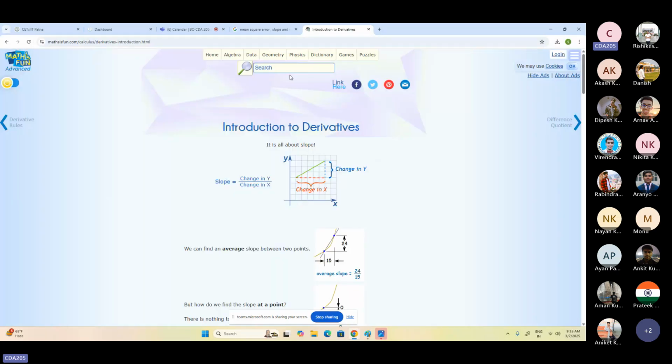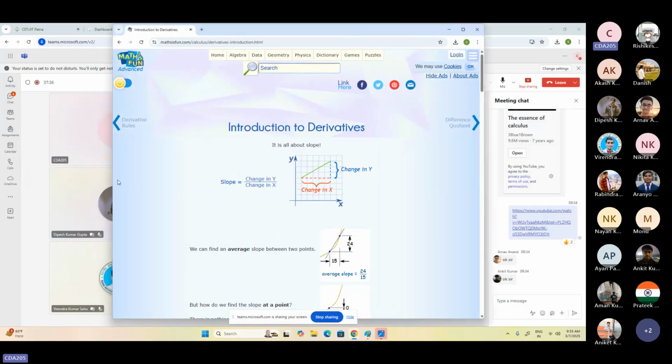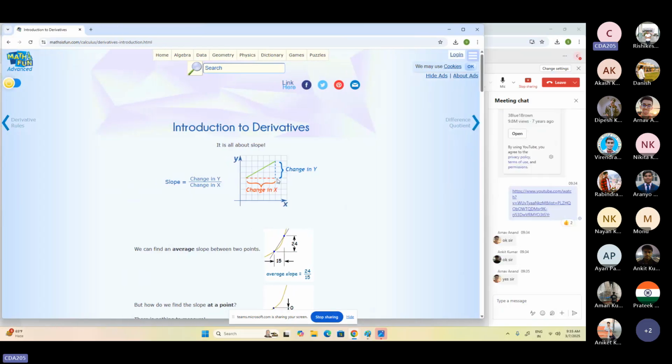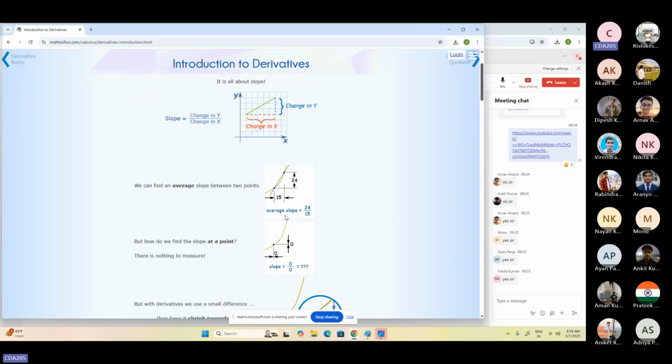So now what we have to think about is the slope. Okay, can you see this screen? So a little bit we will discuss about the slope. When we see the slope, it is the change in y and change in x. This is mainly the slope. When we have to find the slope of 2 points, that is the average of the slope. Here you can see, if the two nodes are given, we can find the average of slope.